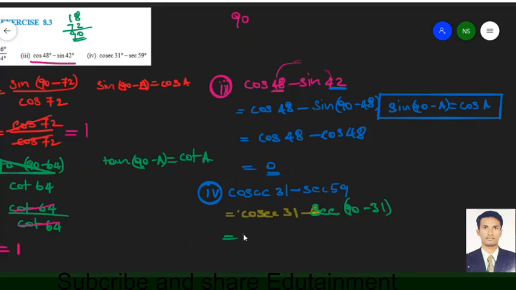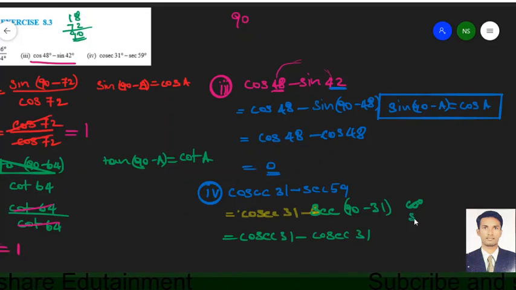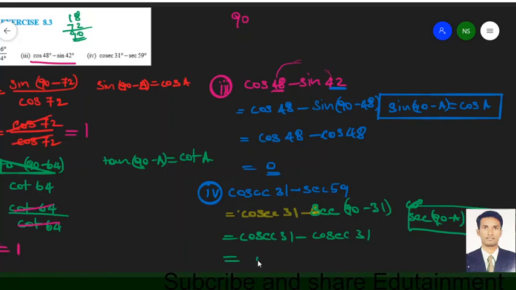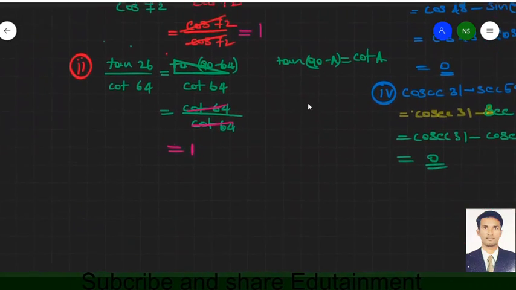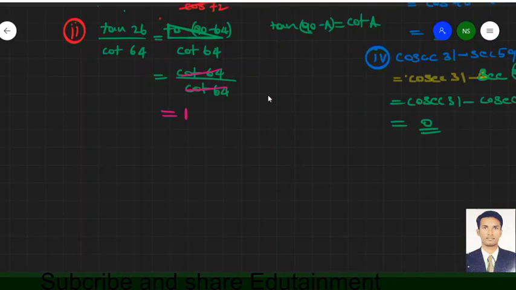So we'll get cosecant 31 minus secant 90 minus A, which is again cosecant 31. So which formula are we using? Secant 90 minus A, which is equals to cosec A. This is the formula which we used here. We will get finally 0. Like that we will try to solve the questions by using complementary angles. Let us move to the next question.